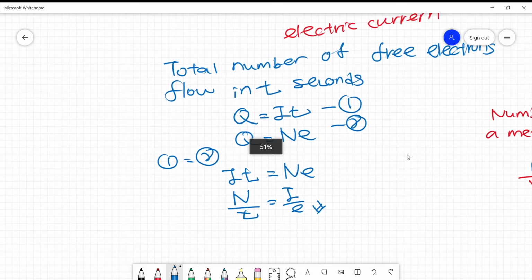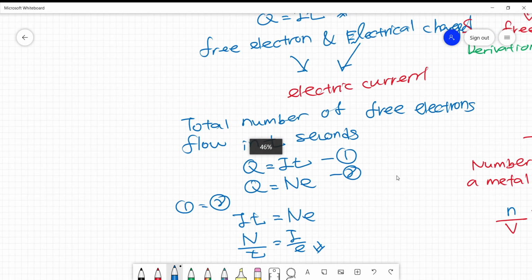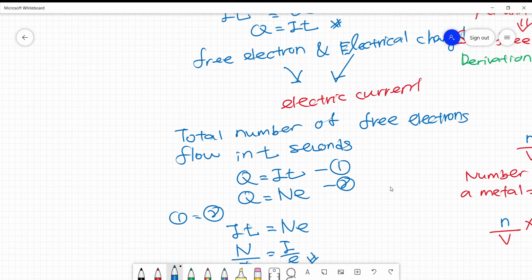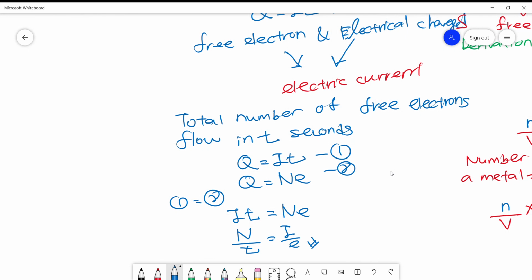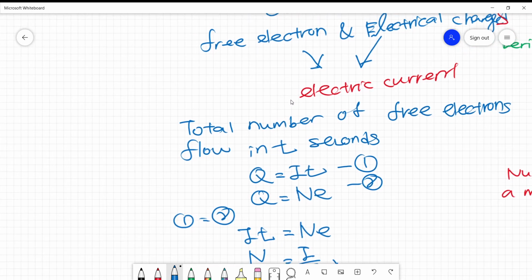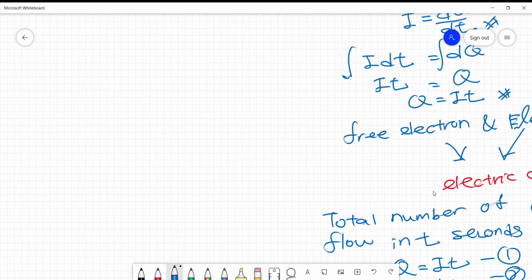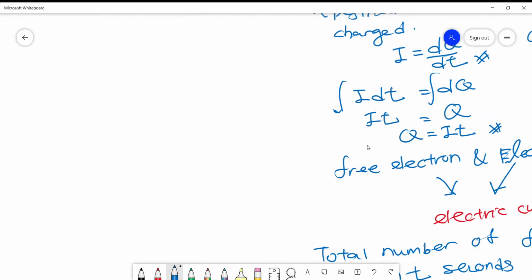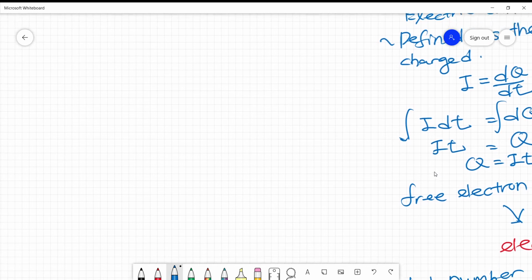This is the condition when the metal wire is carrying the electric current. So what happens to the free moving electrons if the power supply is not connected to the metal wire?